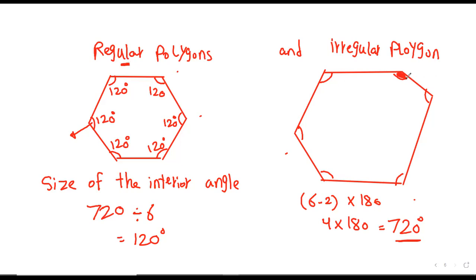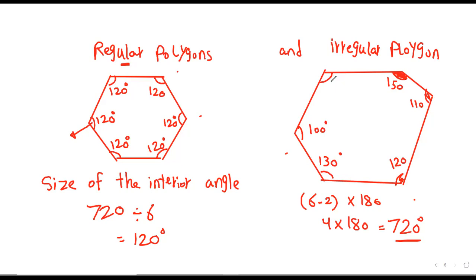But here, I don't know the size of each angle, but I know that all these angles add up to 720. So this angle might be 150, this angle might be 110, this angle might be 120, this angle might be 130, and this angle might be 100.